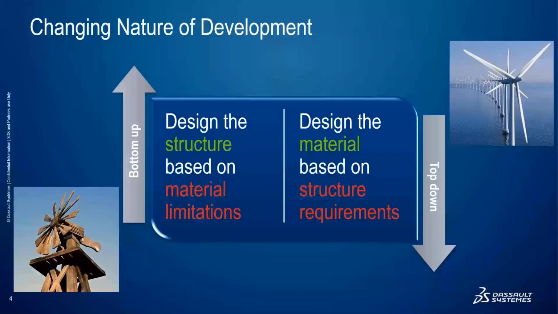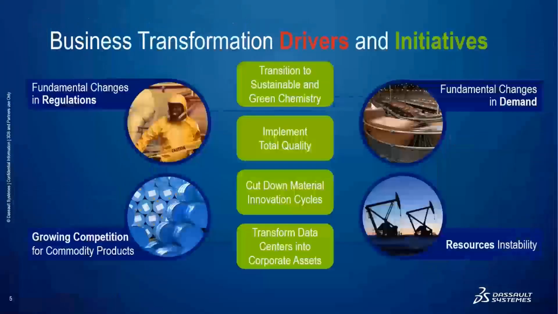And why has this changed? These changes are very dependent on the things we are having, right? I give you four bullets, and I do not want to make them red, because it's not an obstacle, but just to tell you how things are changing now in the material world. The basic change which happened was regulations, right?